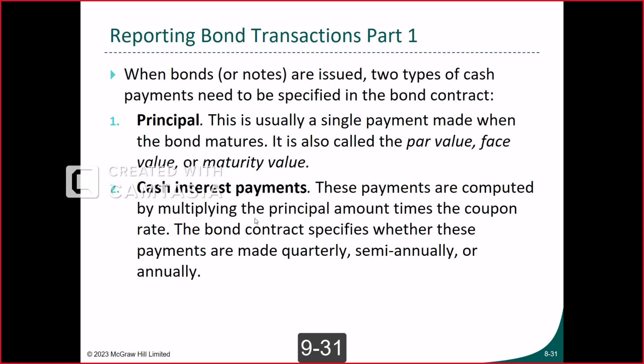As an issuer of bonds, as a company who issues the bond, you will have to pay cash interest at every interest day, in addition to the principal that should be paid back at the maturity date, depending on whether the interest is paid annually or semi-annually or quarterly.